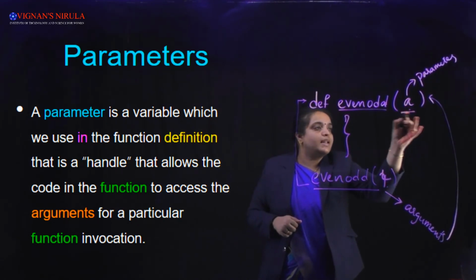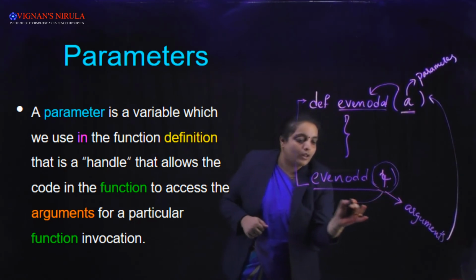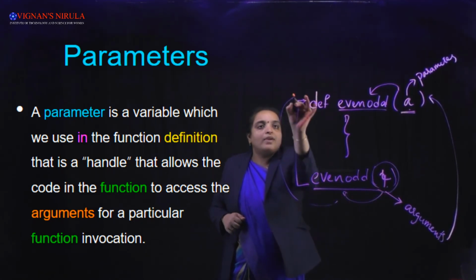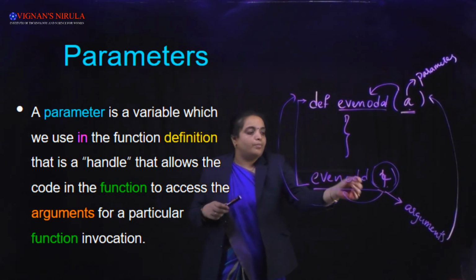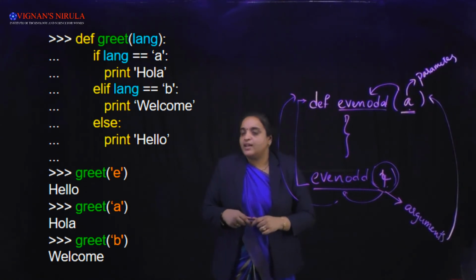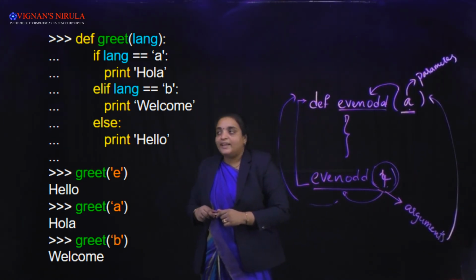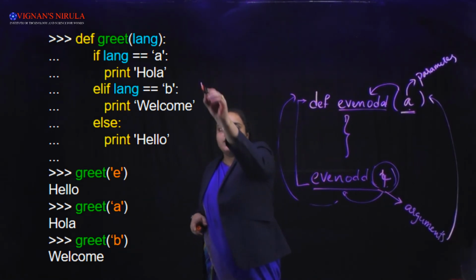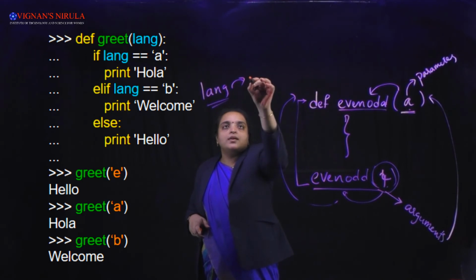We call the arguments when the function is invoked. Is that clear? So to access the arguments, we use the parameters here. Clear? So if you see this example, here we have taken a function called greet. So in this greet, what is this lang here? You call this one as parameter.